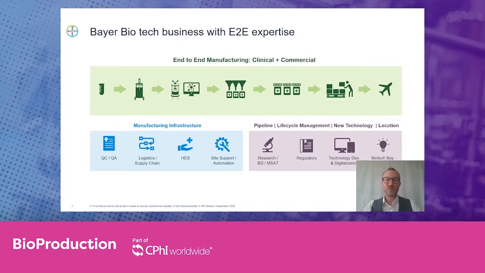We obviously ensure high standards on health, environment, and safety, and continuously improve our efforts in automation. To support our pipeline and lifecycle management, we have strong research and development and MSAT capabilities. Additionally, to ensure innovation and new technology implementation, we are in the major biotech hubs like Boston and the Bay Area.